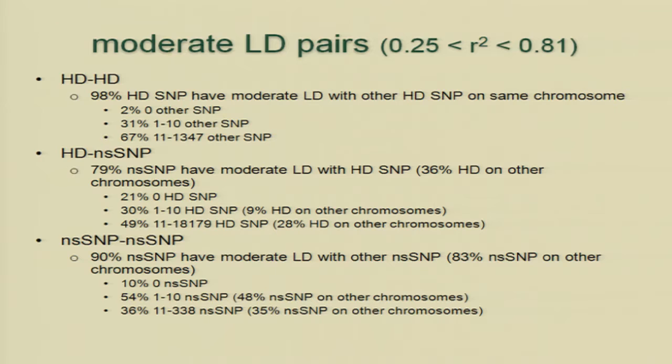And we still have a lot of non-synonymous SNP that are correlated with other non-synonymous. So there's a lot of low to moderate LD that could be influencing our genomic predictions.